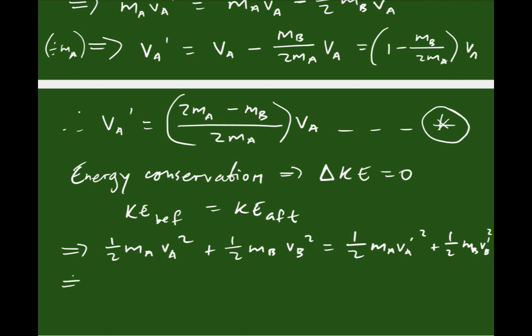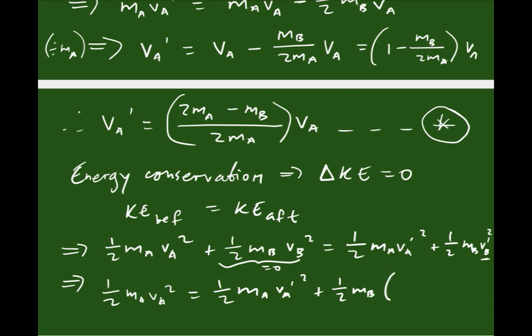And then we know again that this is 0, and we're going to substitute the VB here. We're going to substitute a half VA in there. So here we have a half MA VA squared is equal to a half MA VA prime squared, and then here, just be careful, we have a half MB, and then this is a half VA all squared.